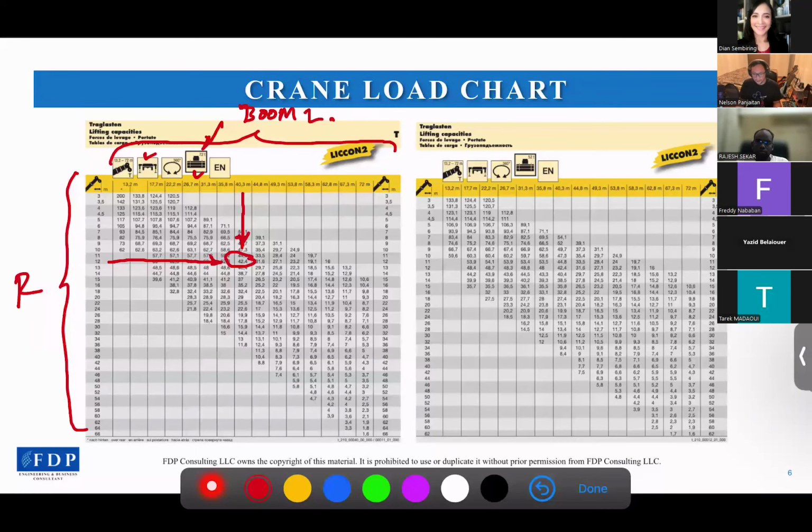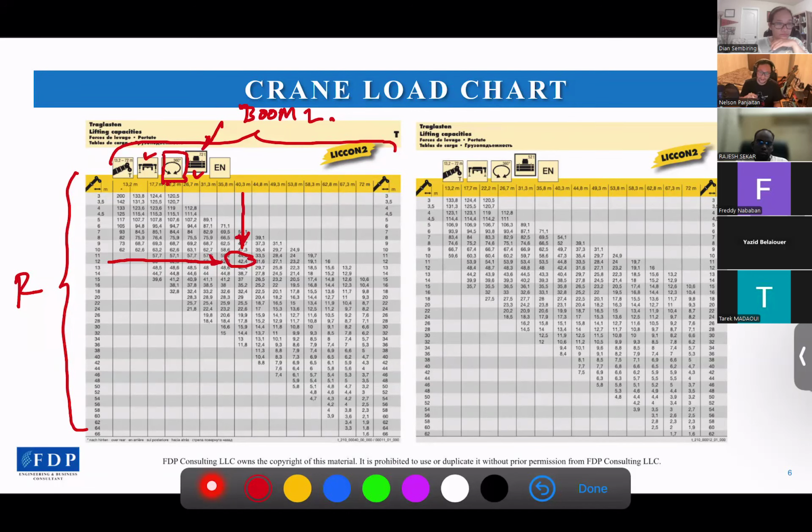But if slewing the boom is not allowed, possibly we will need a different crane table, because here it is mentioned that slewing is allowed on this crane. But sometimes there is a separate crane table that is specific for the stationary boom.